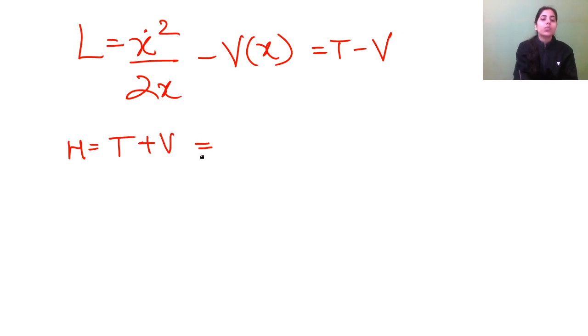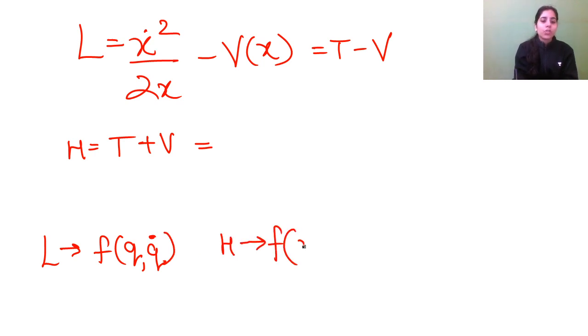Now in this case, along with this information that what is Lagrangian and what is Hamiltonian, we also need to know one more thing, that is Lagrangian is always going to be a function of generalized coordinate and generalized velocity, while Hamiltonian will be considered as a function of generalized coordinate and generalized momentum.